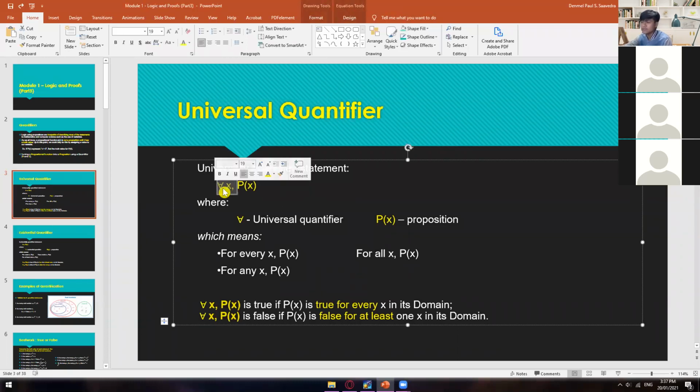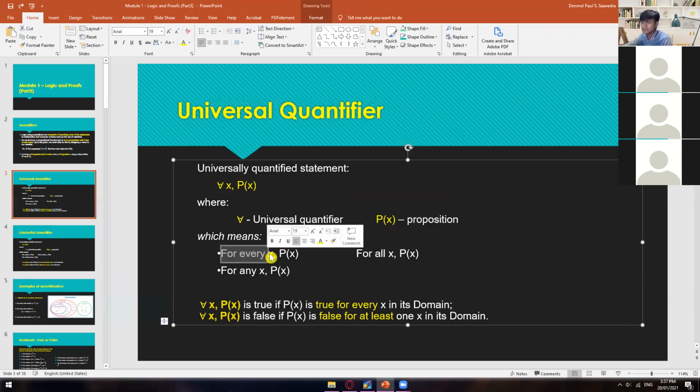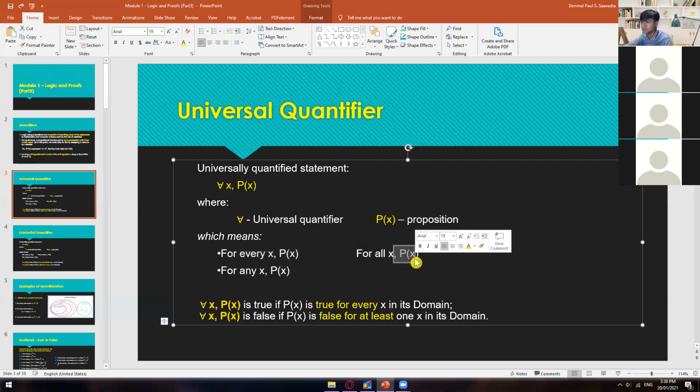We have here universal x, P of x, wherein the inverted A is the universal quantifier, and P of x is just the proposition. This means that for every x, P of x is true, or for any x, P of x is true, or for all x, P of x is true.